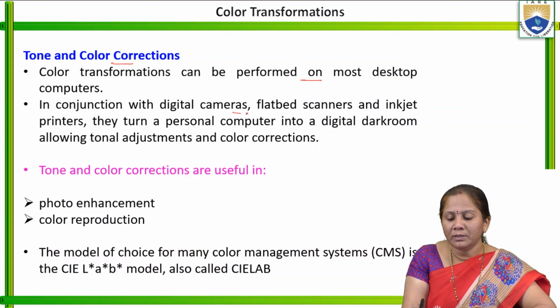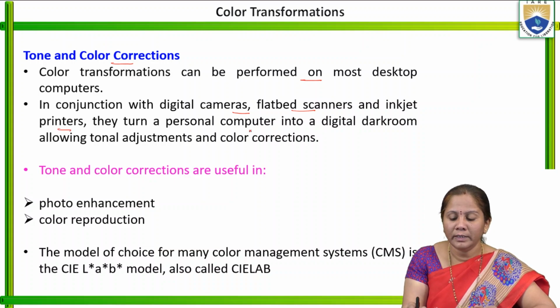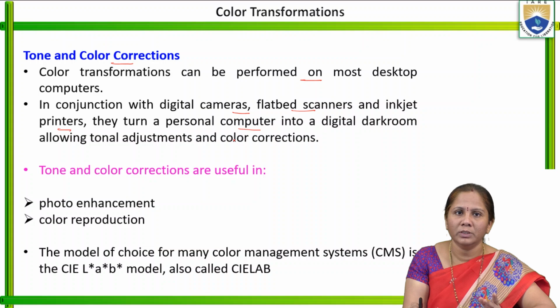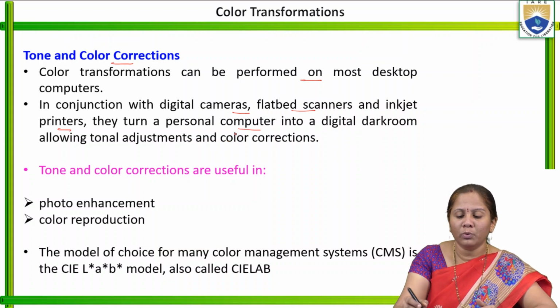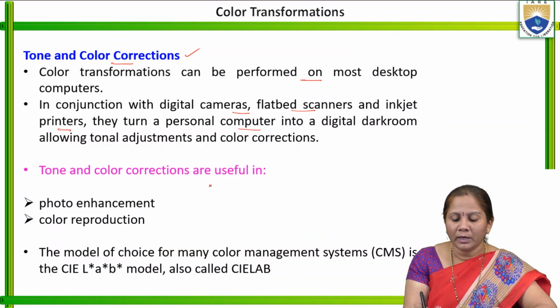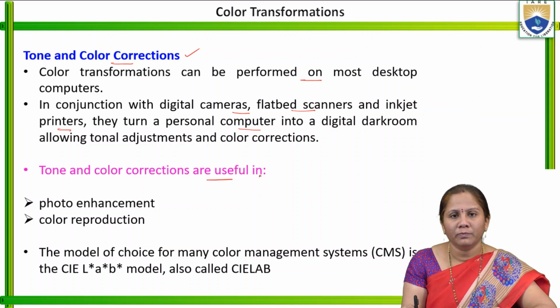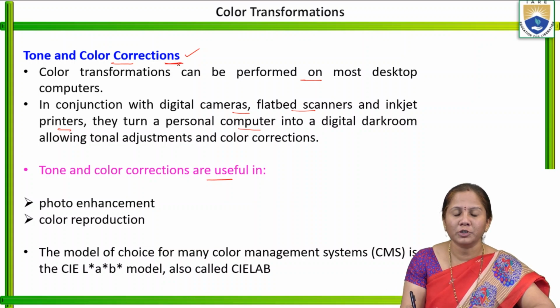In conjunction with digital cameras, flatbed scanners and inkjet printers, they turn a personal computer into a digital darkroom, and from that personal computer color corrections can be performed. Here we are learning about tone and color corrections.